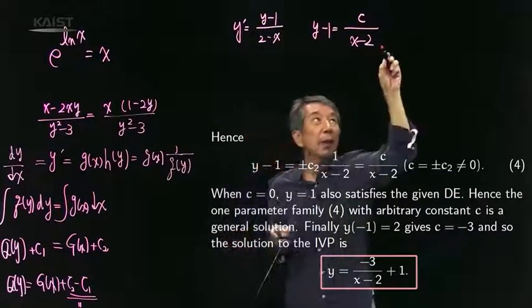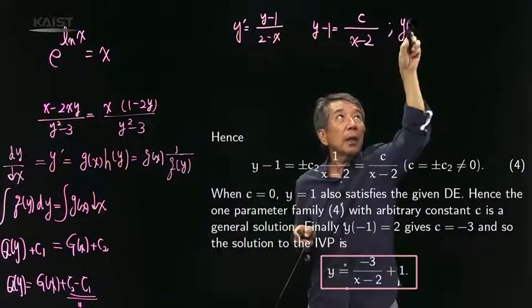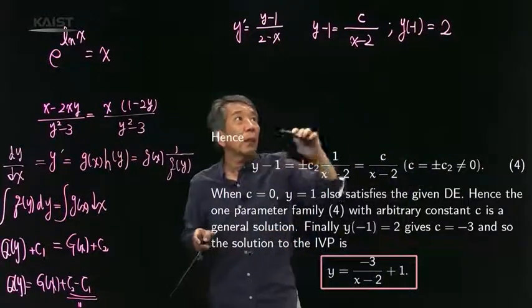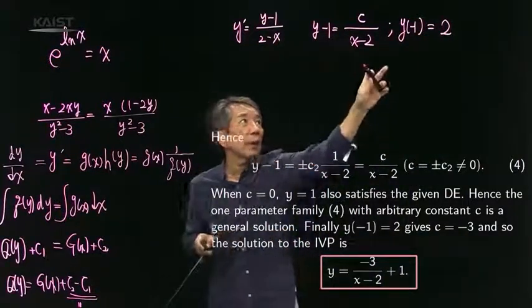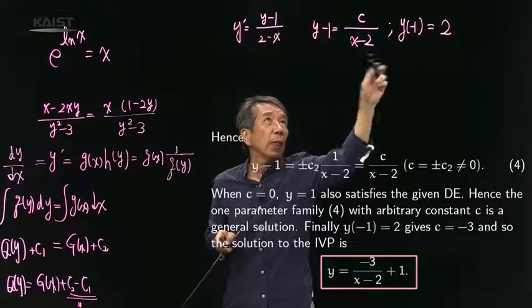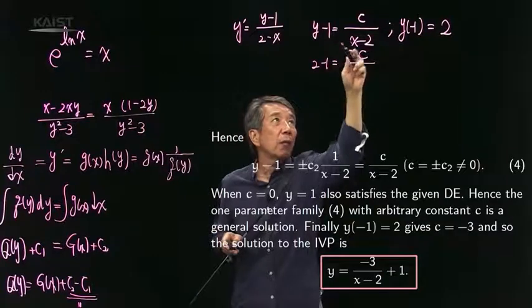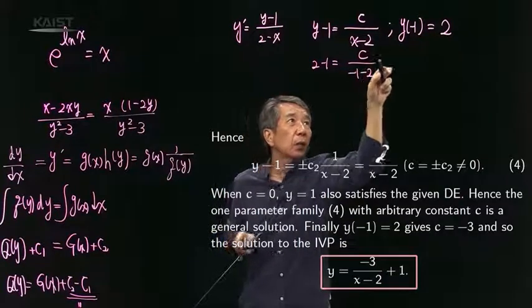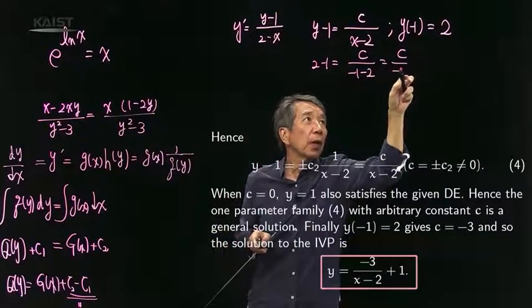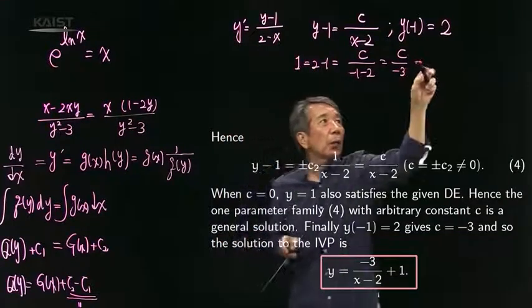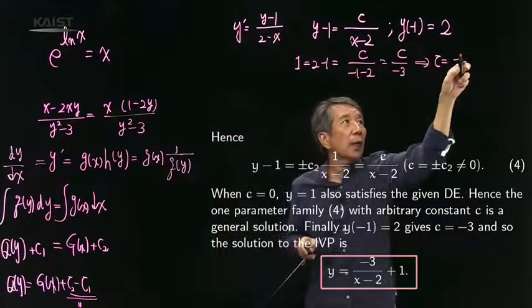Then using the initial condition, plugging those values, when x is equal to negative 1, y is equal to 2. So 2 minus 1 is equal to c over minus 1 minus 2, that is equal to c over negative 3. The left-hand side is equal to 1. So what does that mean? c is equal to negative 3.